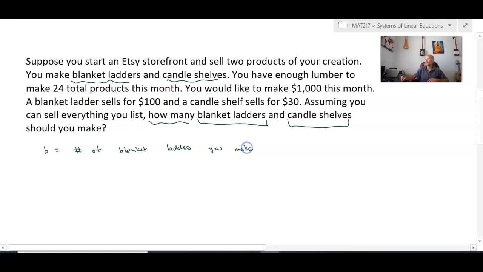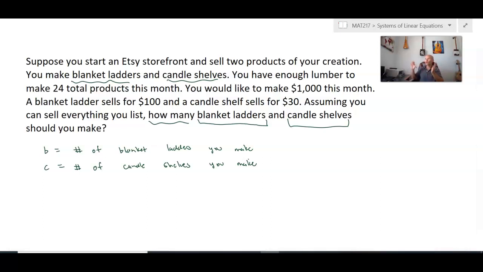By the way, blanket ladders are just these. They look like ladders. People drape their blankets over the rungs of this ladder. It kind of has somewhat of a Southwest feel, if you ask me. And then you have candle shelves, and you want to know how many should you make of those. So the number of candle shelves you make, and this is unknown, right? That's why we're assigning variable names to these 2 quantities.